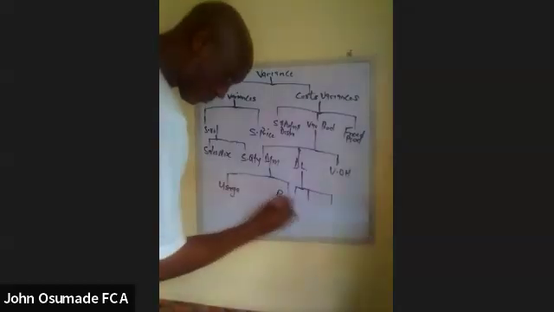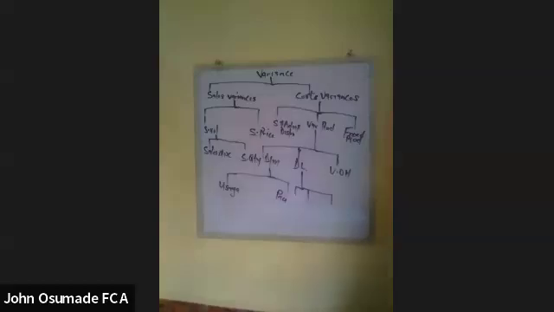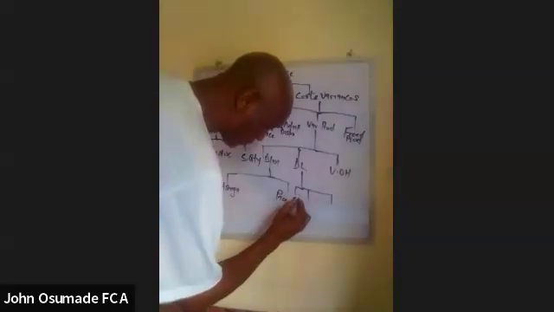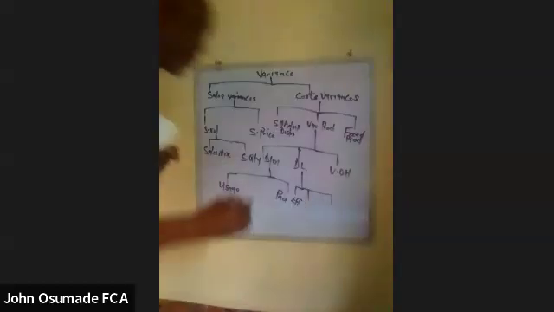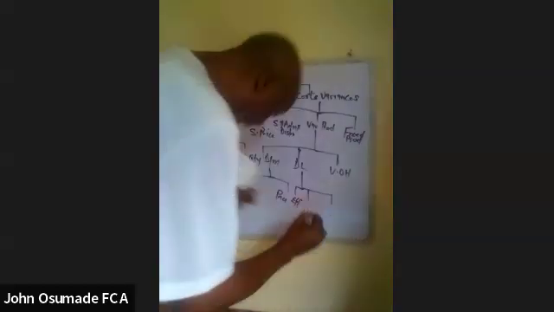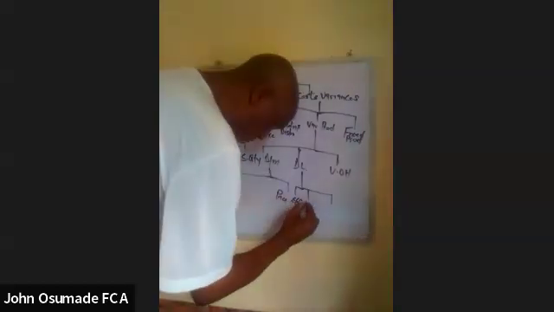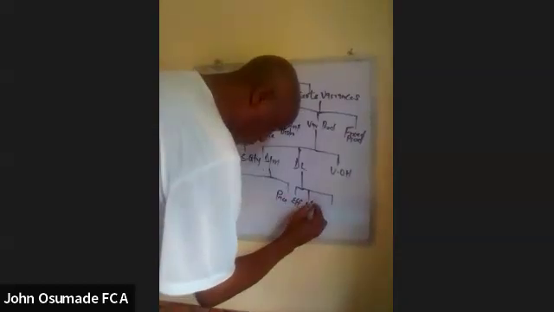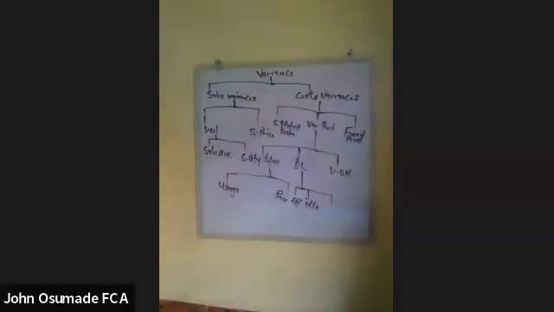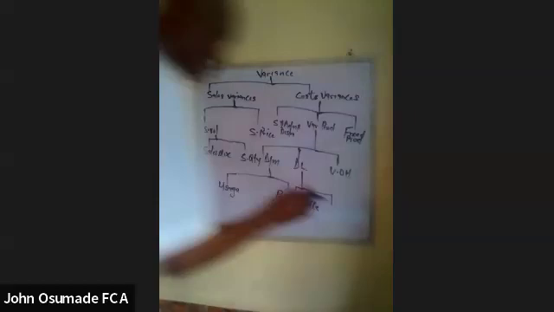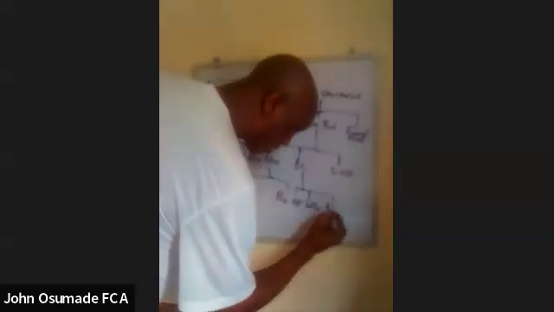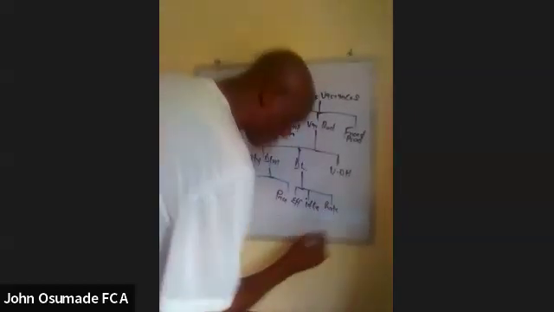Divided into three. We have the efficiency variance. We have idle time variance. Then we have the price, which is wage rate variance or rate variance.